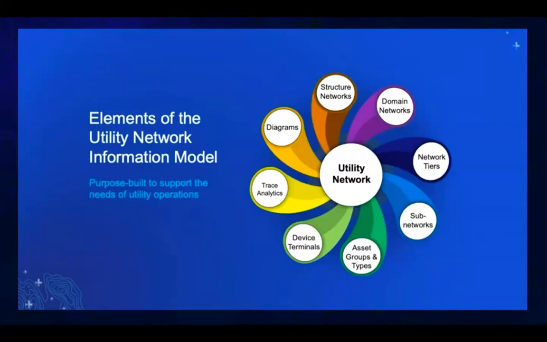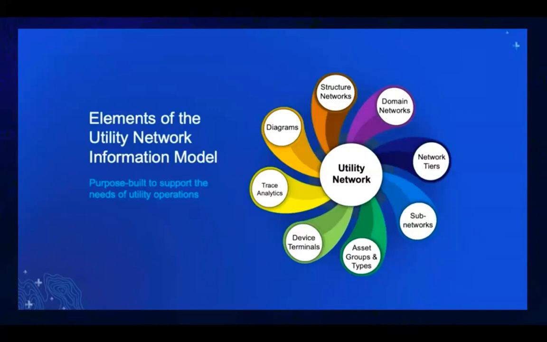We have even seen cases of campuses using utility network to track where all their power supply is for the campus, track their water supply, and be able to manage that in real time. So the domain network would decide, of utility network, which domain are you playing in?